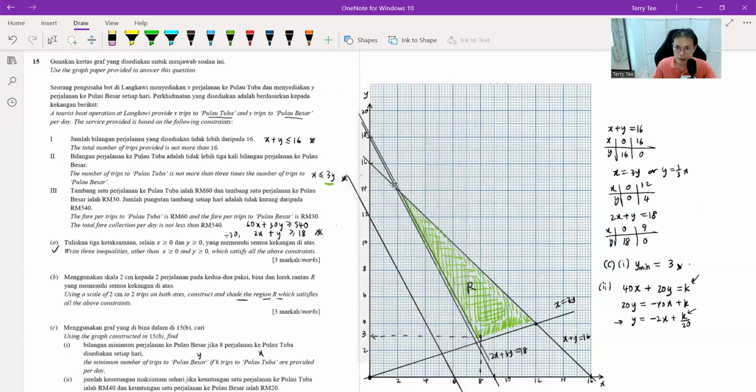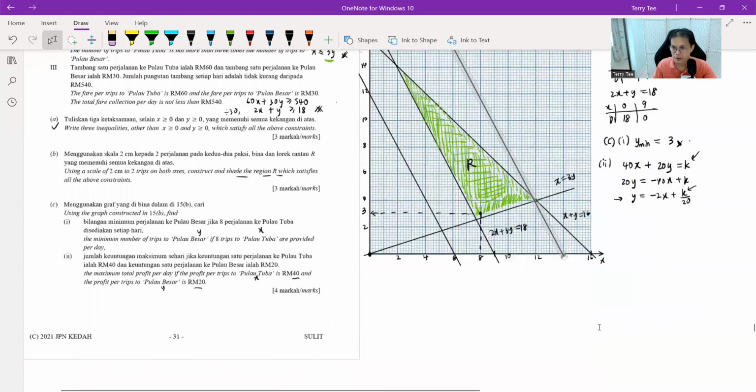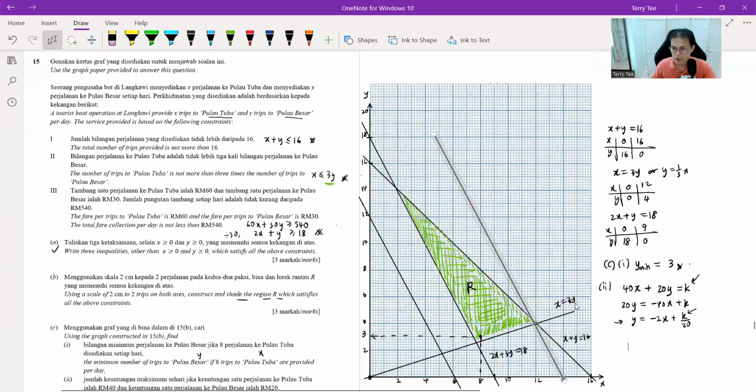This point here can't, because it's still not the maximum. The maximum y-intercept actually happens here when it passes through 12, 4. Can you see that? 12, 4. I may not be able to get the exact point, but I hope you understand. This coordinate is at 12, 4. If you extend all the way up, it will give us the largest y-intercept.